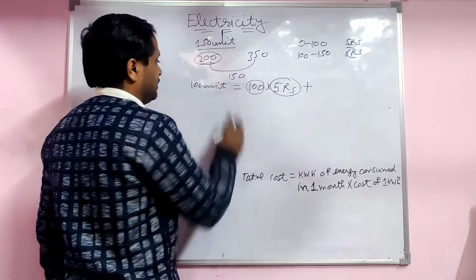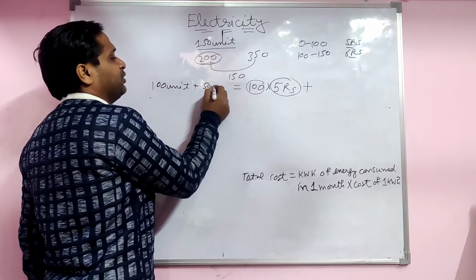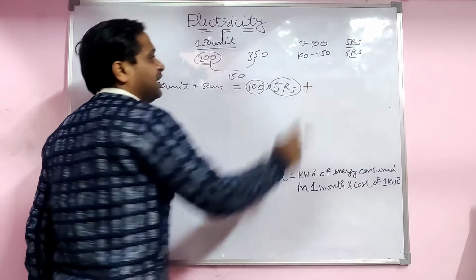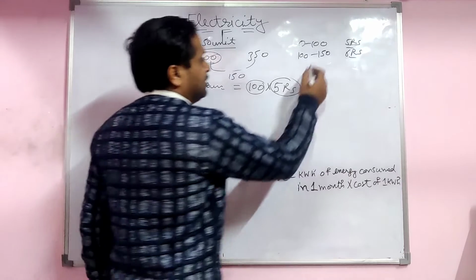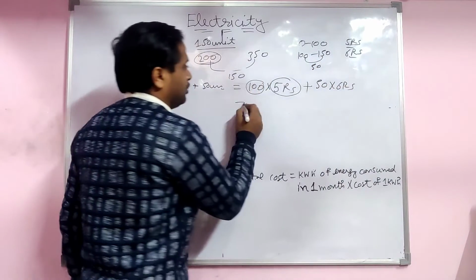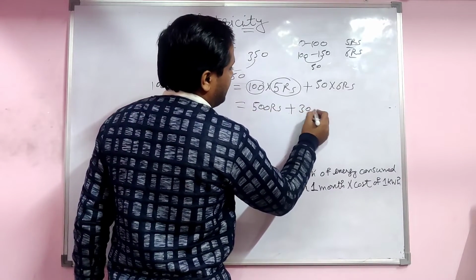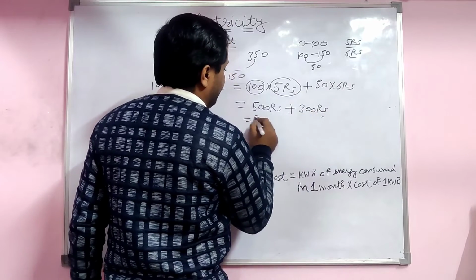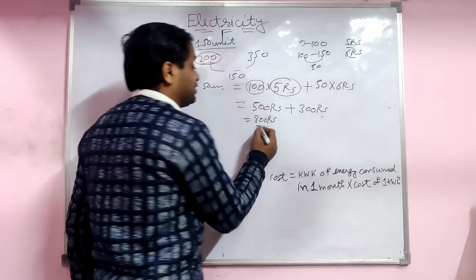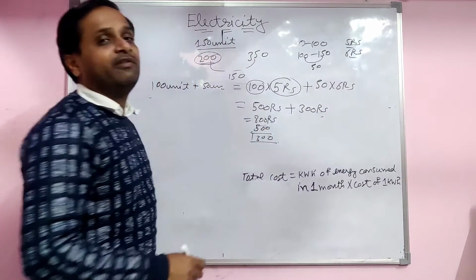Plus the next 50 units: total 150, 0 to 100 is 5 rupees, 100 to 150 is 6 rupees. So they consumed 50 units, 50 into 6 rupees. So total you count 500 rupees plus 300 rupees, so a total of 800 rupees overall bill comes. But the government also puts some maintenance charges, maybe 500 like this.